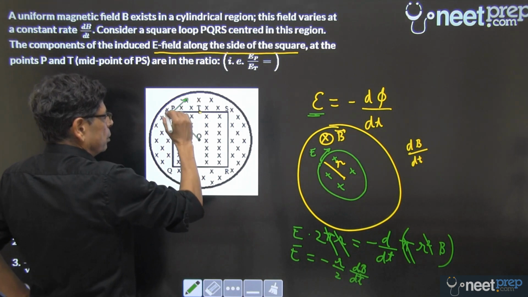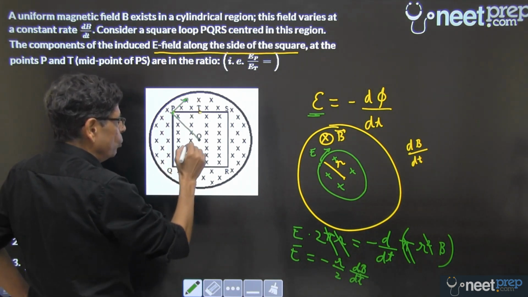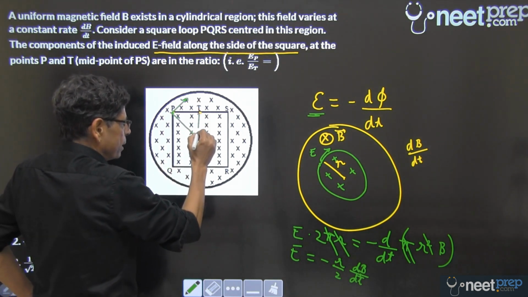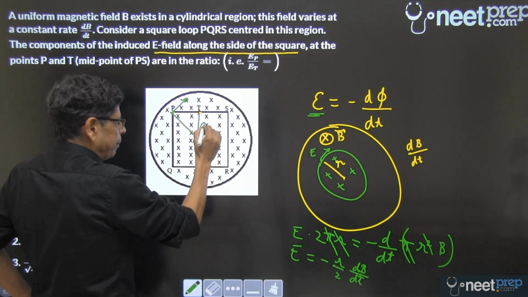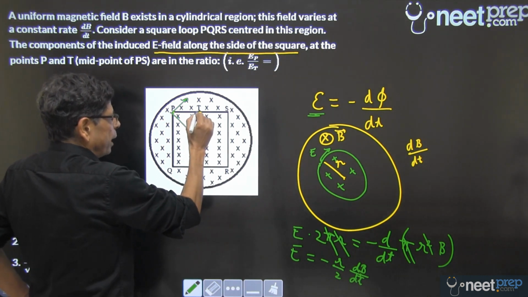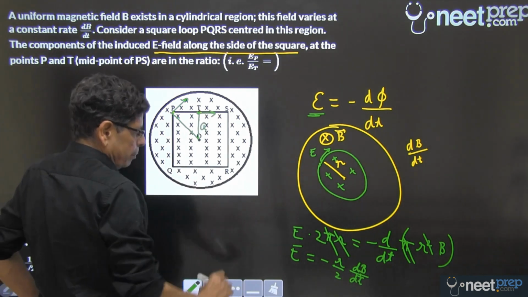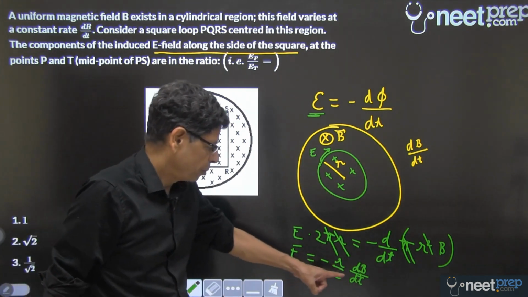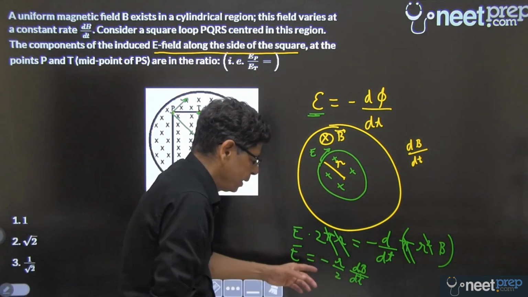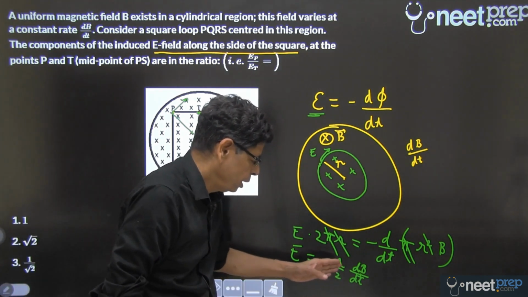So how much is its value? Okay, we'll call this distance by the name A. And the field at point T will be this way. Now look at the formula. Ignore the minus sign, it only gives the direction.